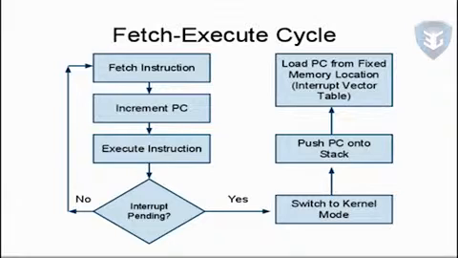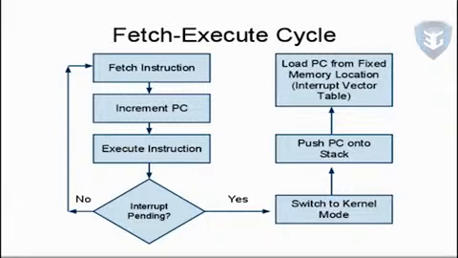If there is an interrupt pending, then the CPU has to be switched to kernel mode if it's running in user mode, so the privilege level needs to be escalated. Save the program counter by pushing it onto the stack, and load a program counter from a fixed memory location, and that fixed memory location is called the interrupt vector table, or IVT. So we load the program counter from the IVT, and then the CPU goes and executes that new instruction the next time the fetch-execute cycle resumes.